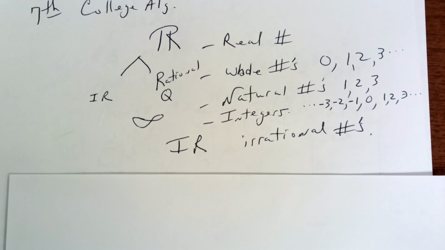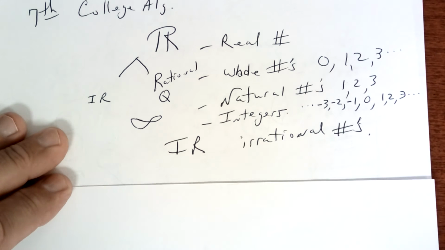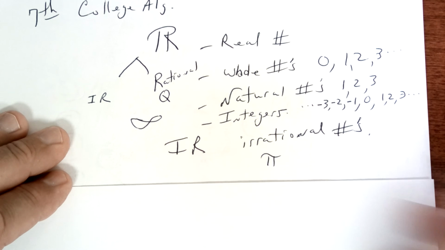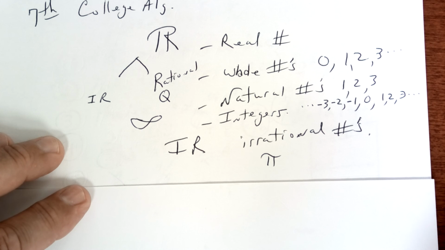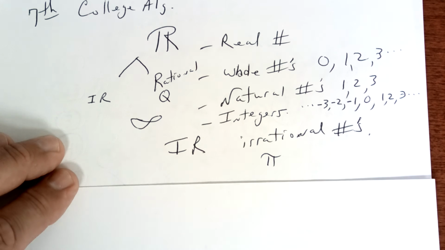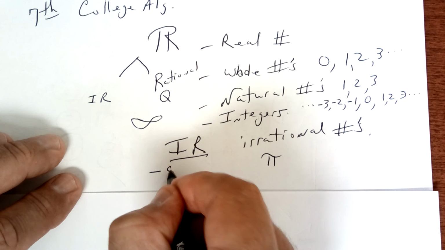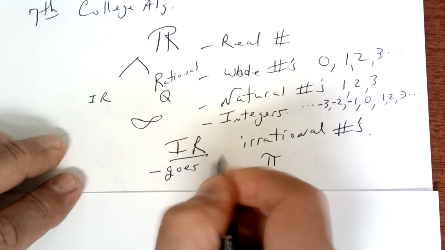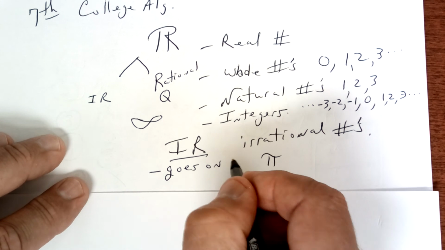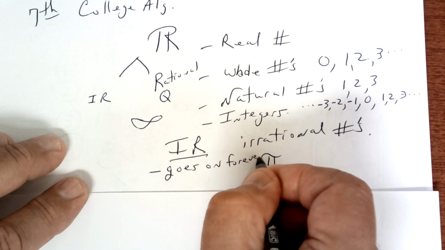Irrational numbers are things like pi that go on forever and do not repeat. Okay? In fact, we want to write that down. So put irrational number: goes on forever and no repeat.